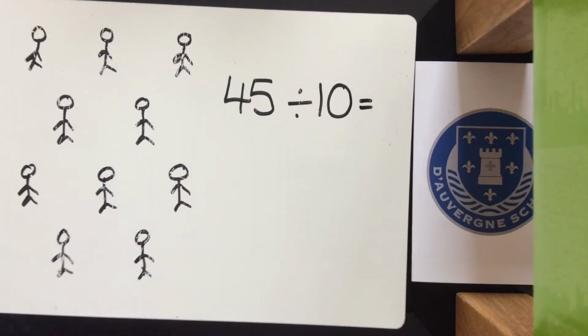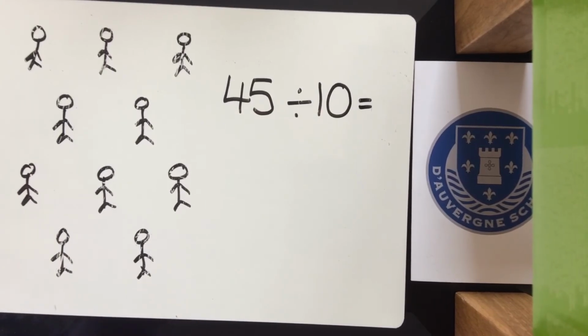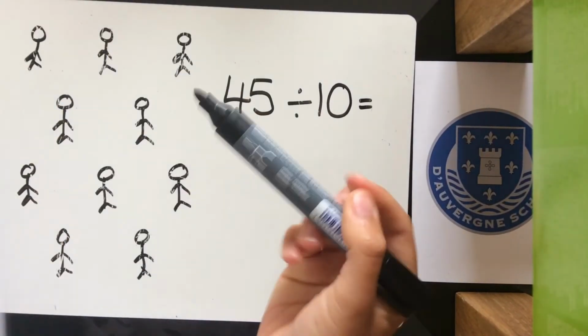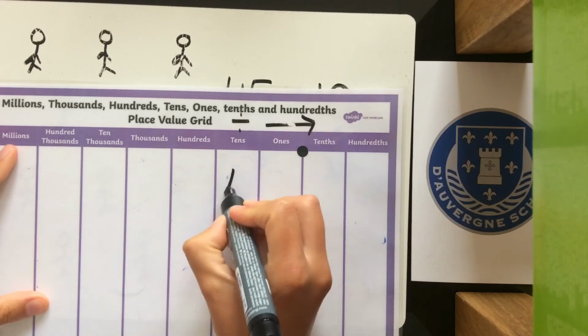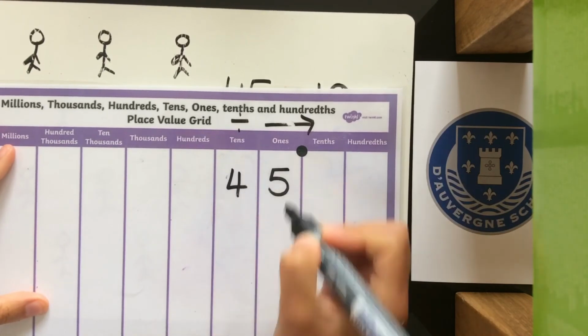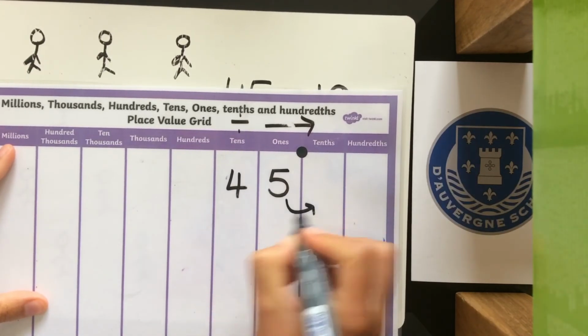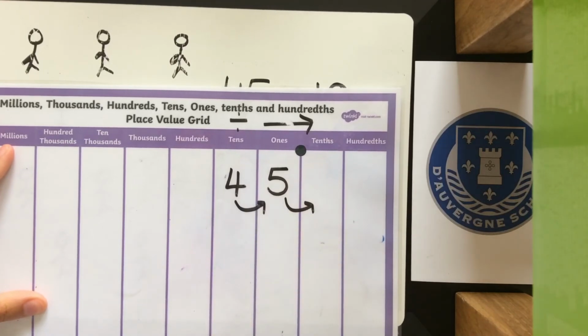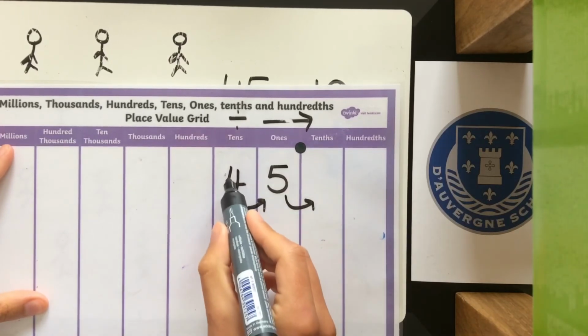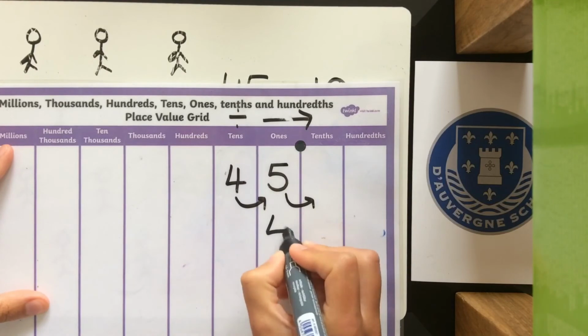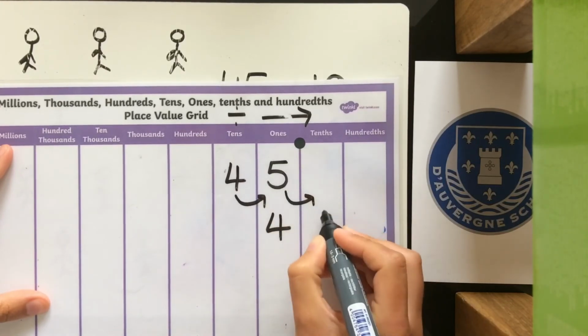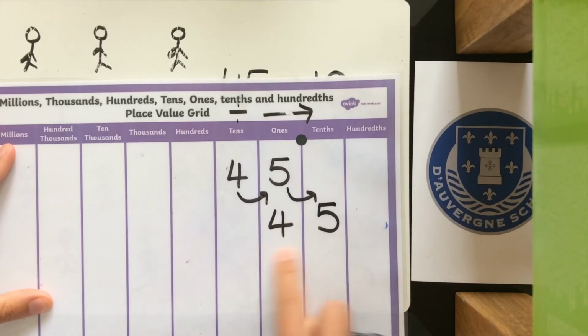So, putting your 45 on your place value grid, this is really important to remember what you've learnt about place value so far. 45 means 4 tens and 5 ones. Dividing it by 10, each digit is going to move back a space. So the 4 moves to the 1 column and the 5 moves to the tenths column.